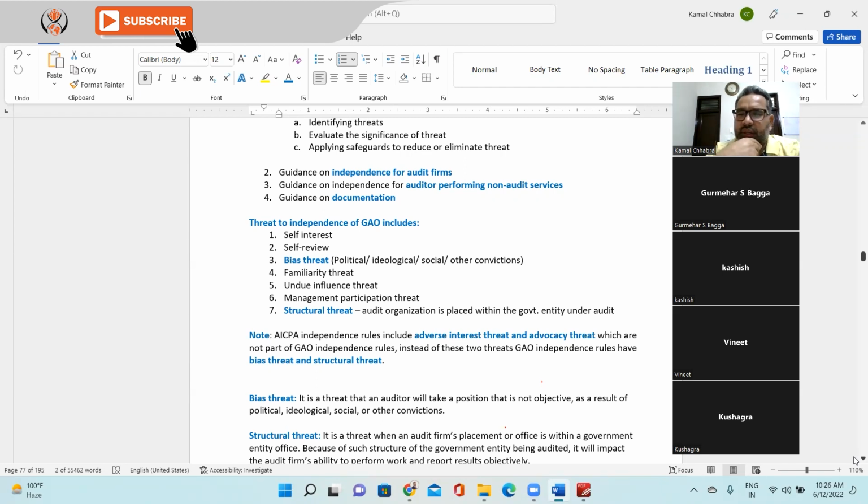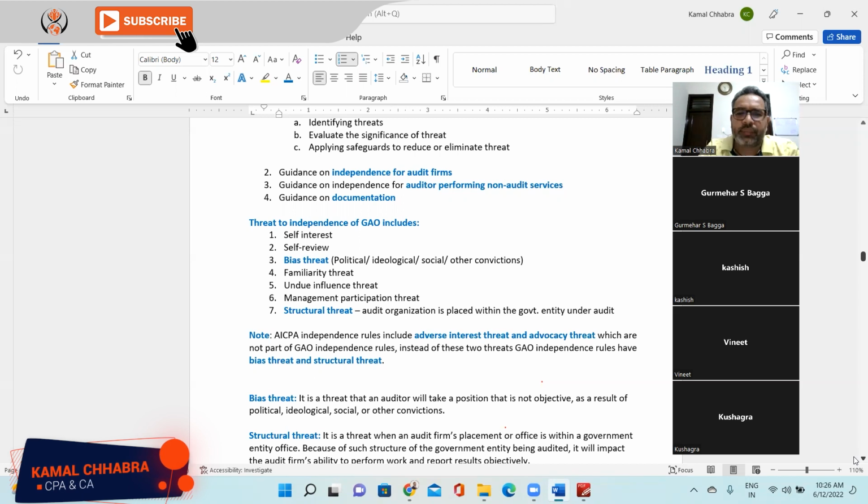That is called a self-interest threat, where you please them, pamper them, or agree to their judgment just to gain additional benefits, remuneration, or work. It is where you have your own personal monetary or financial interest. What is a self-review threat?